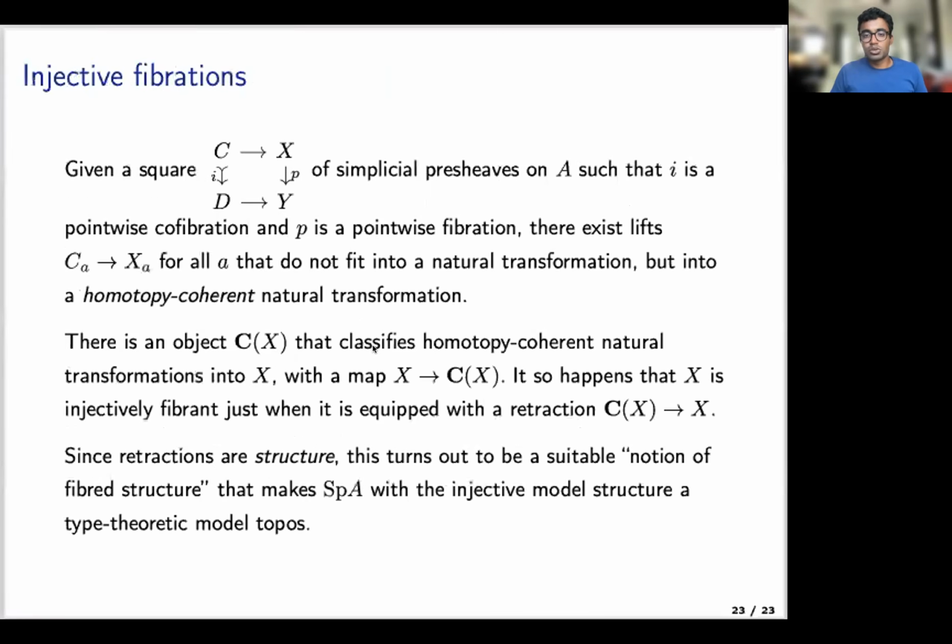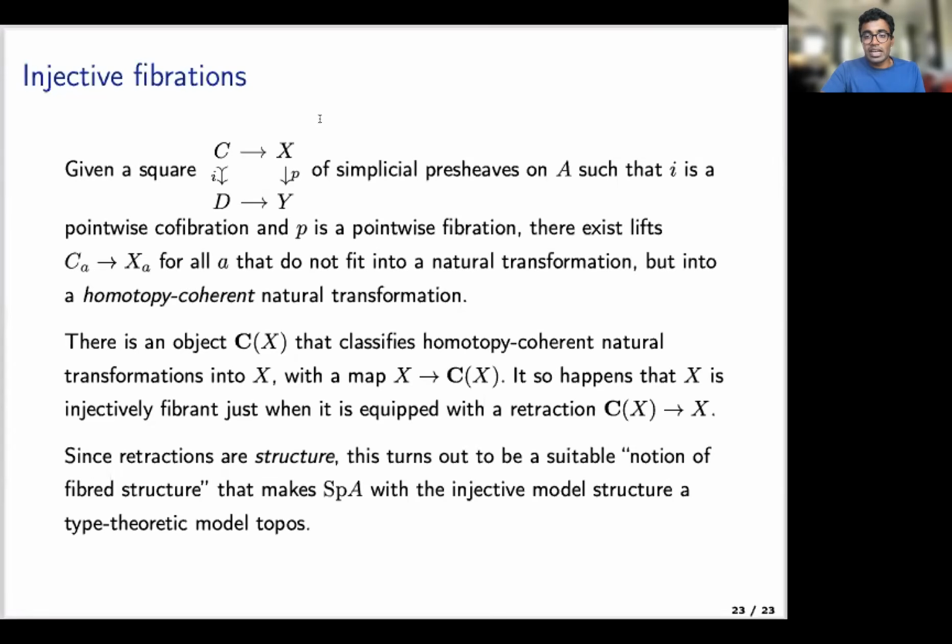And the main tool that Mike's paper uses is a new characterization, I think, of fibrations in an injective model structure. Injective fibrations are difficult to characterize for the following reason.